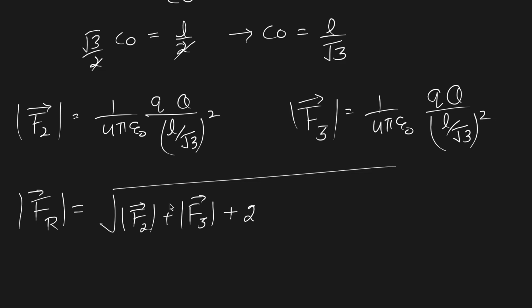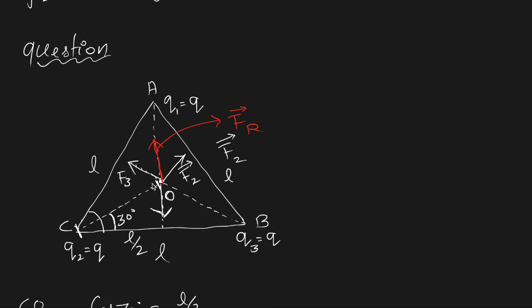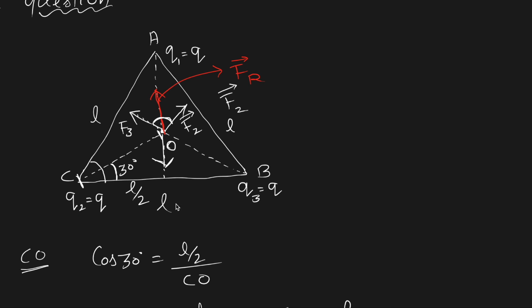F2 magnitude squared plus F3 magnitude squared, plus 2 F2 F3 cos theta. This is simply representing the magnitudes, and cos theta, where theta is the angle between the two vectors, the angle between the two tails.